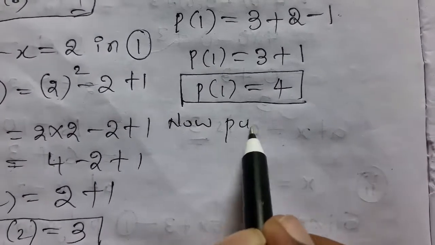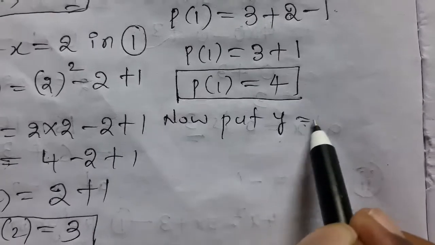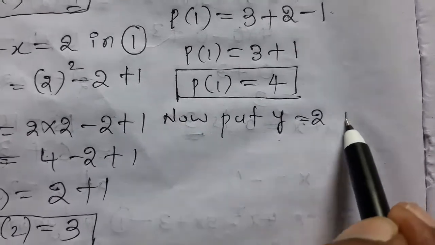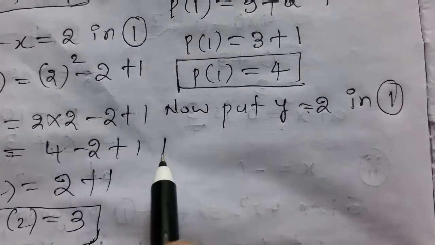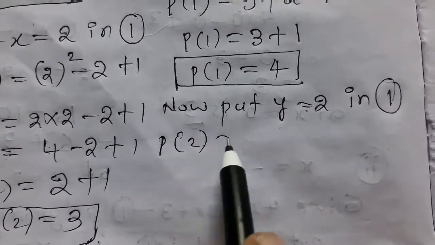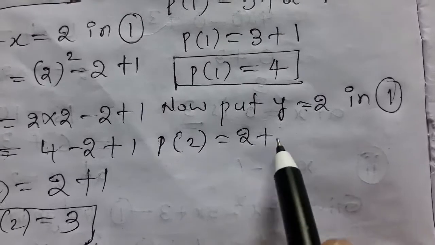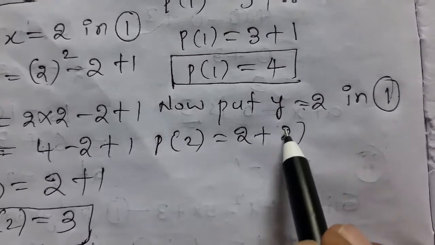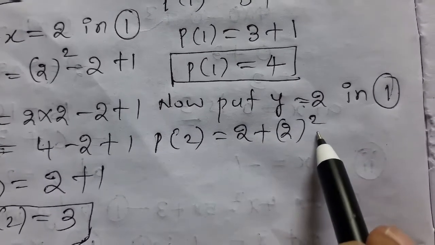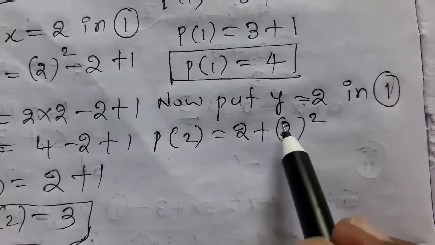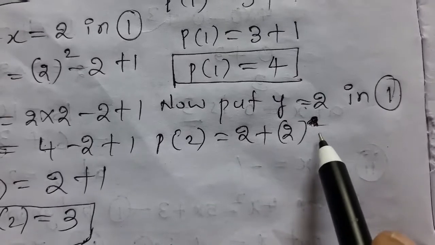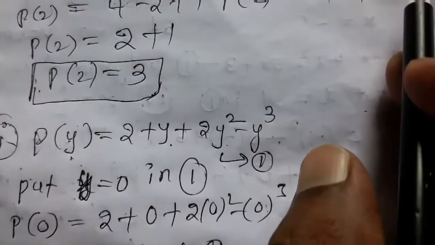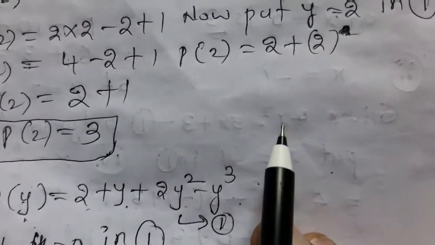Now put y equals to 2 in equation 1. Now P of 2 equals to 2 plus, sorry, there is no square in the first term. See your equation, 2 plus y, isn't it?